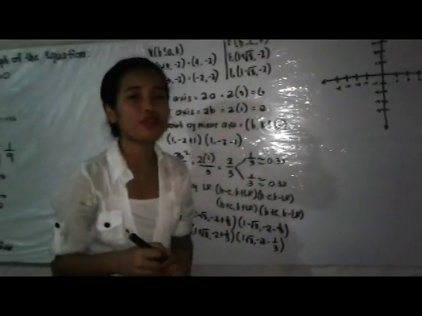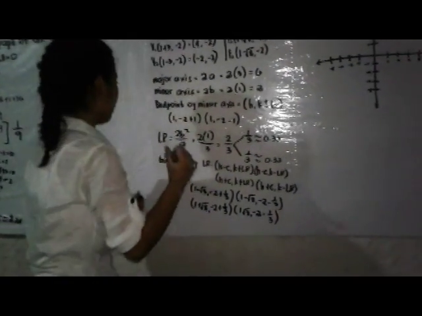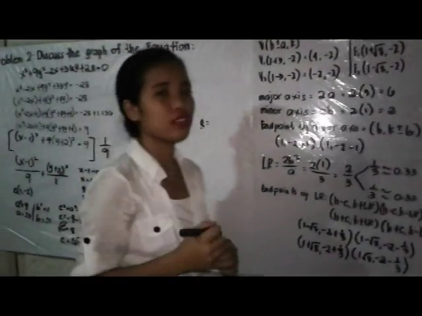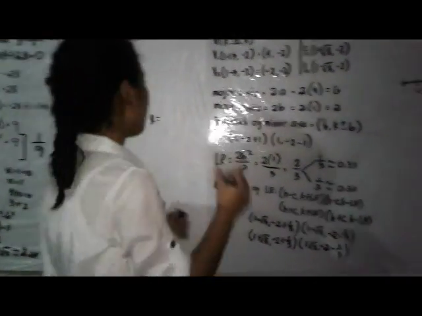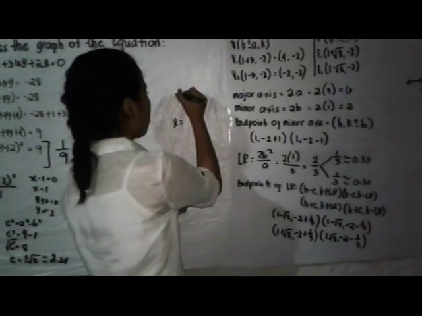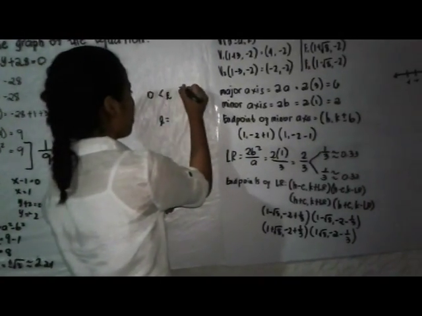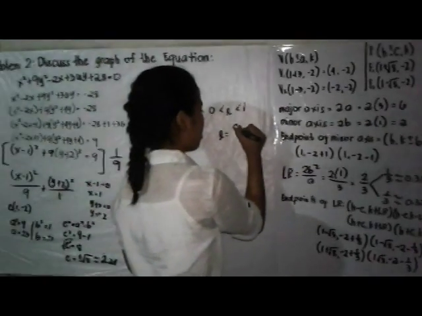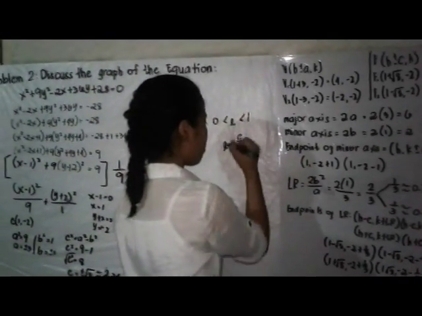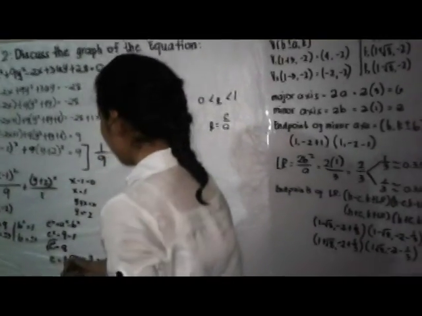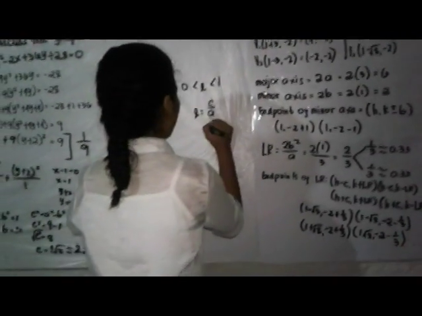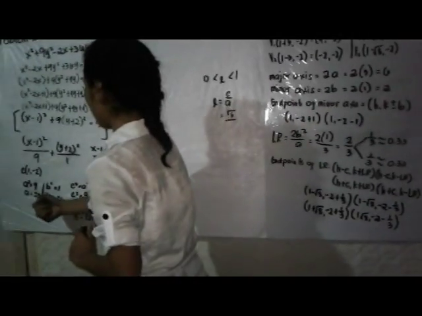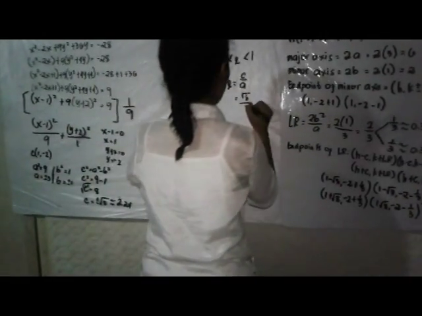And now, we have to find our eccentricity. And when finding our eccentricity, we have to consider that E is always greater than 0 but less than 1. And we have to consider this, C over A. So our C, which is the square root of 8, then our A, which is the 3.